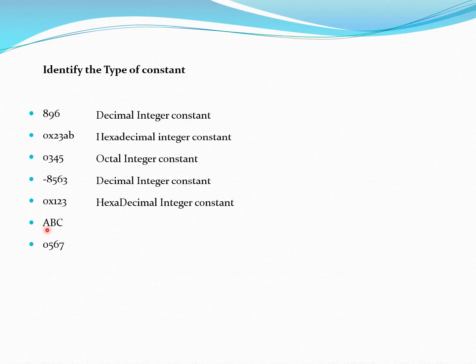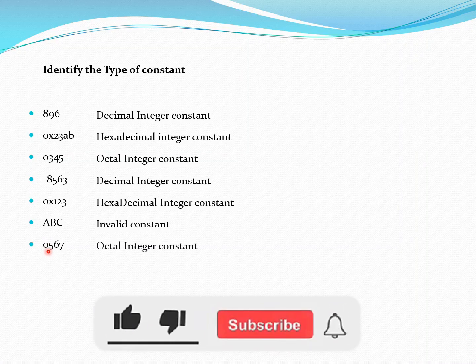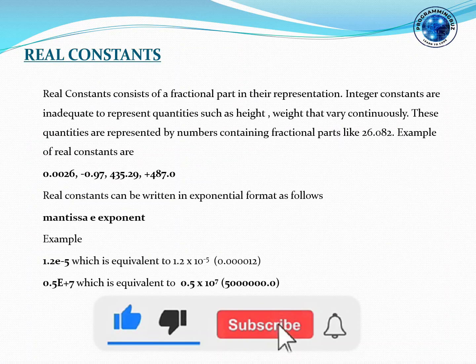Here the number is ABC, but although ABC can appear in a hexadecimal integer, it is not preceded with 0x. Therefore this is not a type of constant; it is an invalid constant. And the next number is 0567. This number is preceded with 0, so it is an octal integer constant.